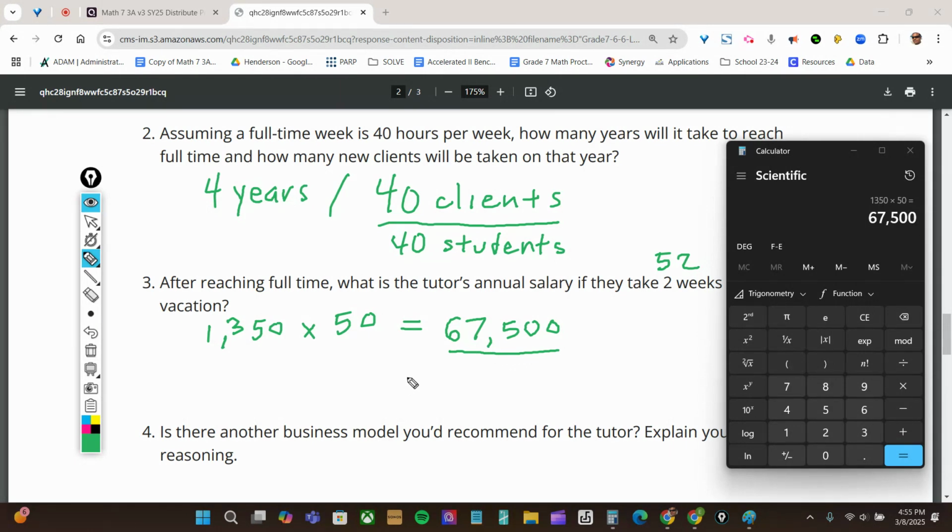So say I'm making around that, a little bit more, but around that, and I have how many students? So if you could make this with 40 students, then that's crazy.